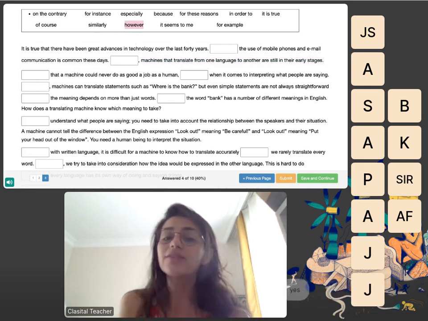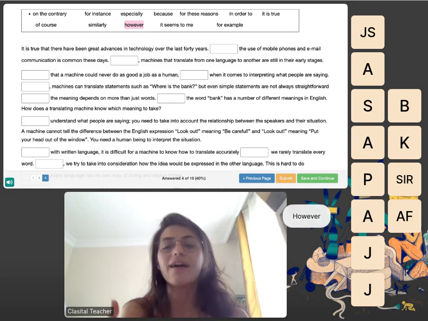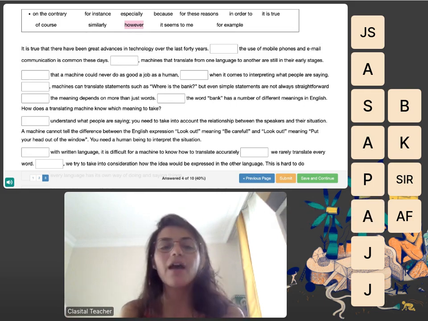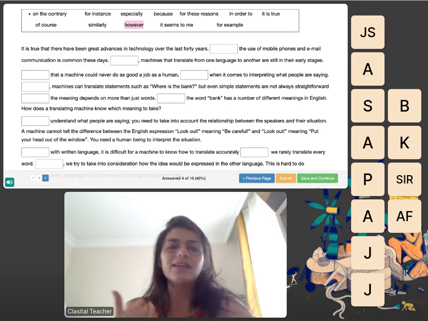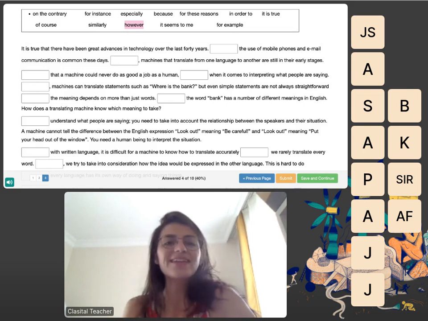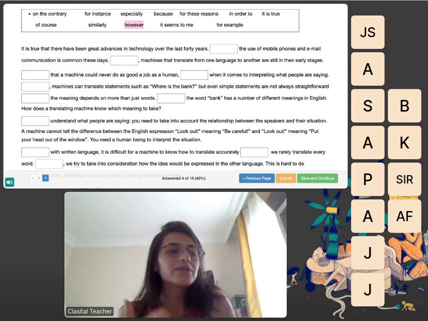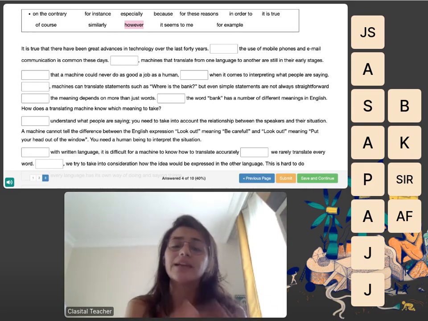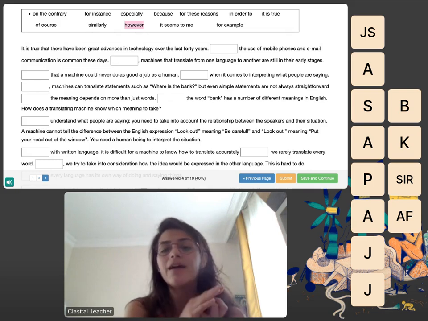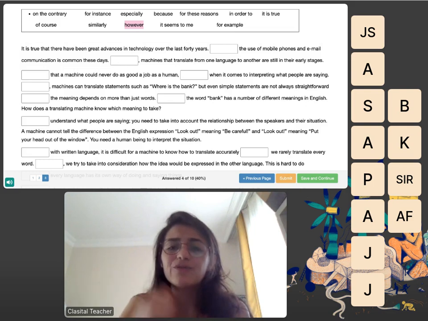We need to say, however, machines that translate one language to another are still in their early stages. This is really important because this is also where you get your points from. If you use your linking words correctly, you will get a better grade. To use those linking words correctly, you need to be aware of what you're writing or reading. And yes, all right, let's move on.